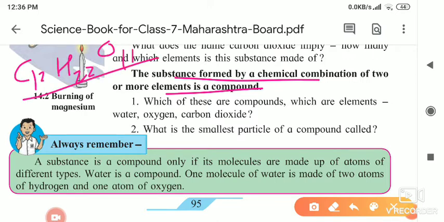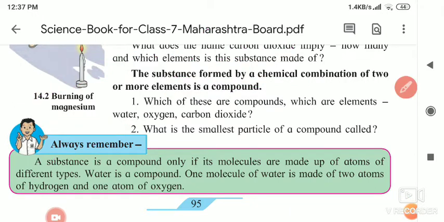This is a compound of carbon, hydrogen and oxygen, and it is nothing but the sugar we eat to add sweetness to food. Then carbon dioxide, CO2: carbon and oxygen. It forms the CO2 molecule, where 1 atom of carbon and 2 atoms of oxygen come together to form carbon dioxide.